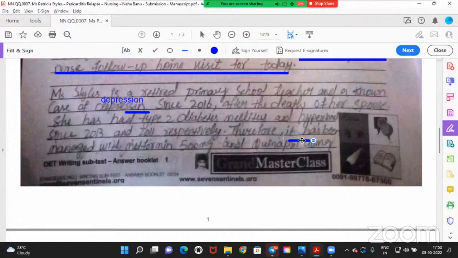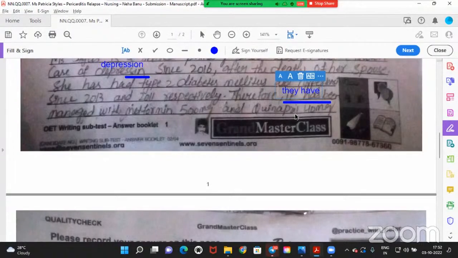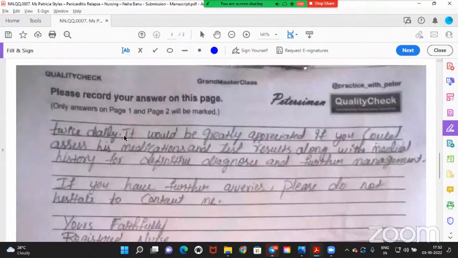They have been managed, not it has. They have two things, one is diabetes and one is hypertension. One is metformin and the other is a second drug. They have, not it has. Two things are there, no? They have been managed with metformin 500 mg and a second drug 40 mg twice daily.